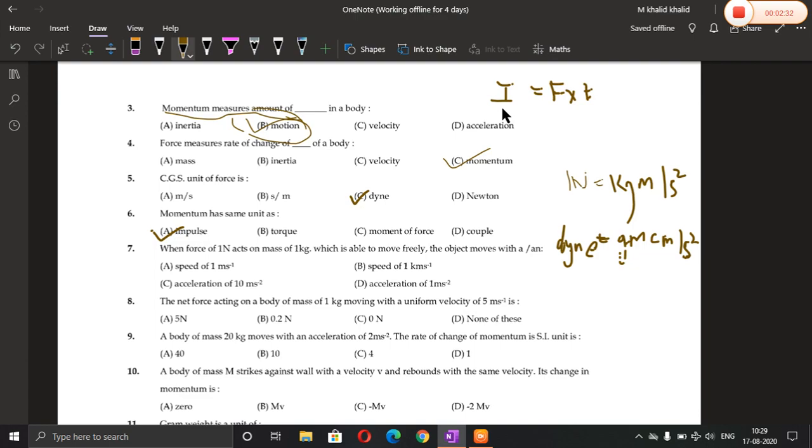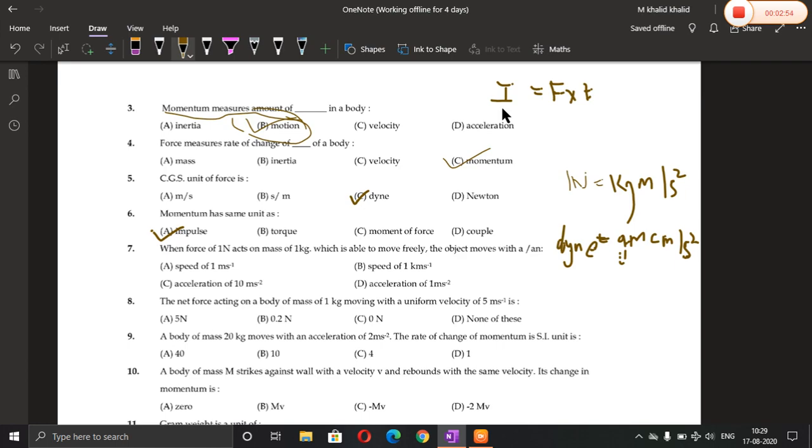So we are basically giving the impact of the hammer to the nail, right? जो दीवार में कील ठोकते हैं, तो कील ठोकने के लिए हथौड़े से जो हम उसके ऊपर वार करते हैं, that is impulse.